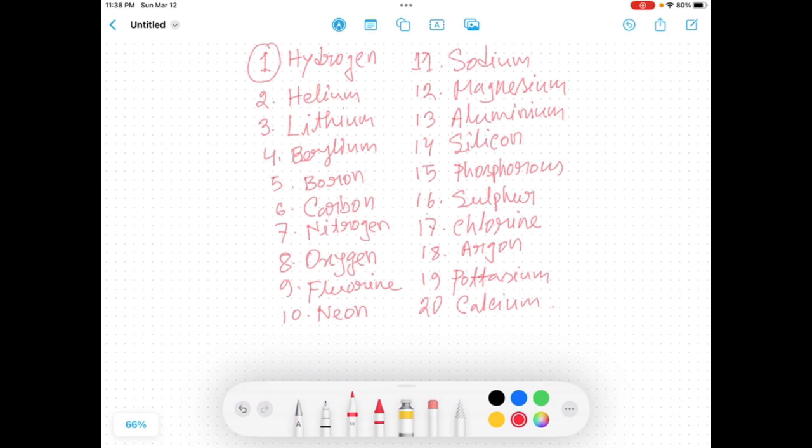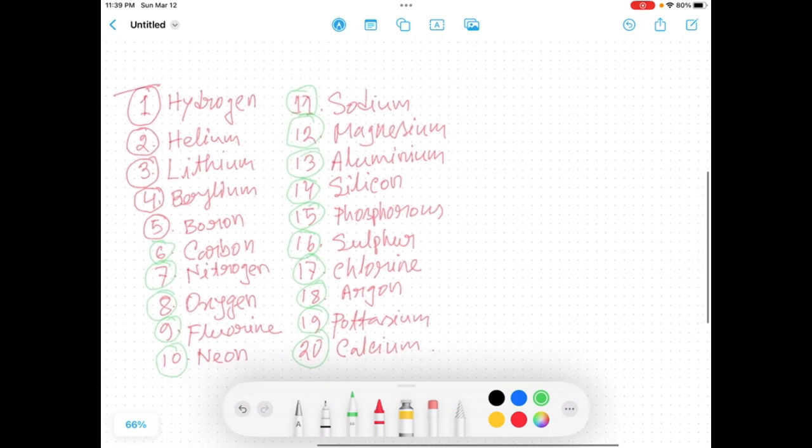Hydrogen 1 means the atomic number of hydrogen is 1, atomic number of helium is 2, lithium 3, beryllium 4, boron 5, carbon 6, nitrogen 7, oxygen 8, similarly fluorine 9, neon 10, sodium 11, magnesium 12, aluminum 13, silicon 14, phosphorus 15, sulfur 16, chlorine 17, argon 18, potassium 19, and calcium 20.